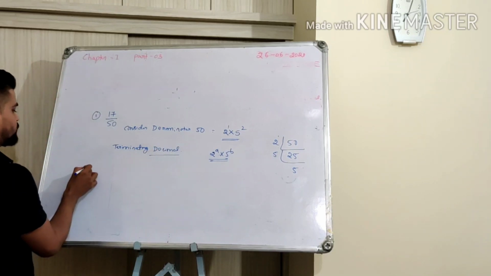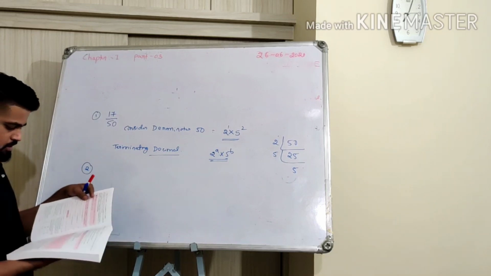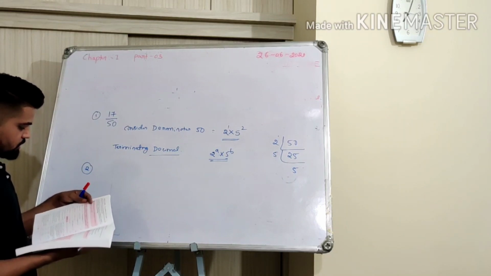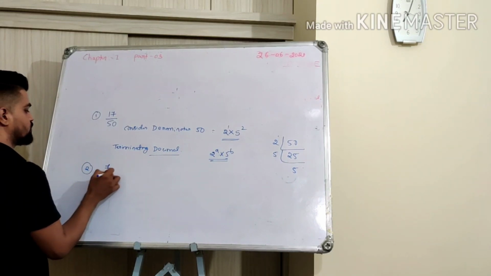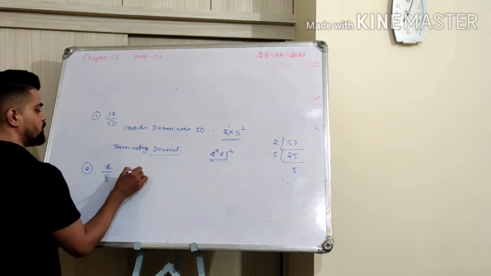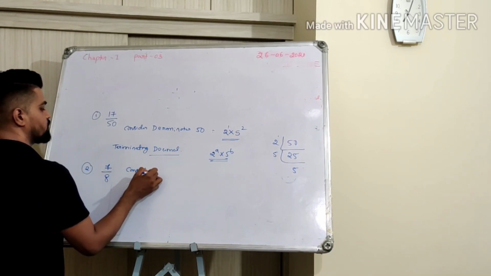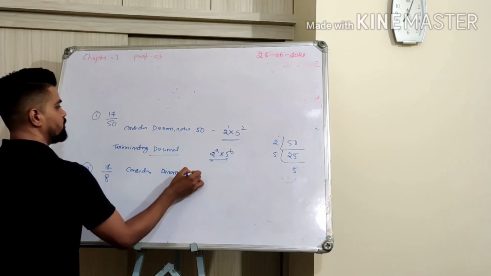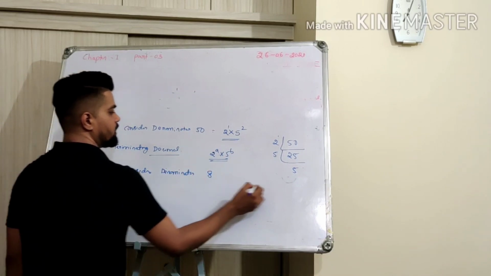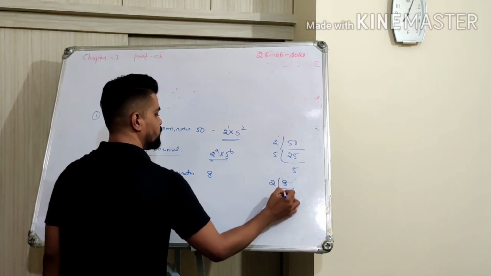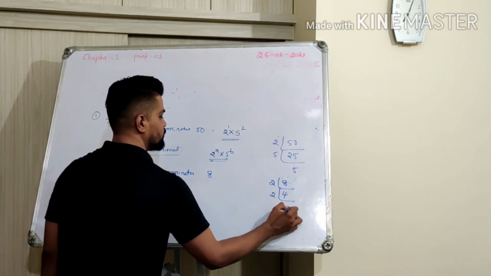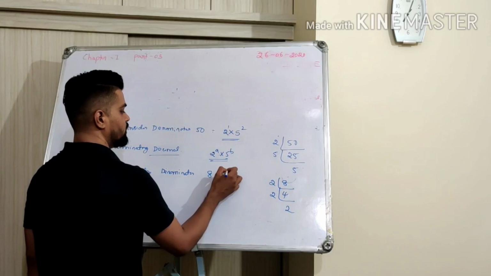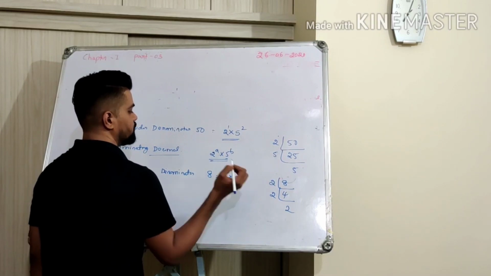Okay. Second question we have is 7 by 8. So now consider the denominator. Consider the denominator 8. 8 can be divided as what? 2 fours are, and then 2 twos are. So I have 2 cube here, and 5 power 0.